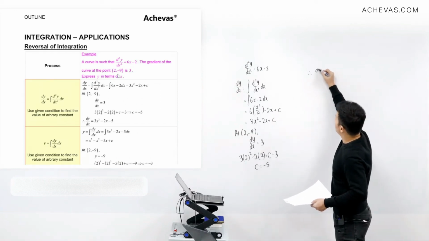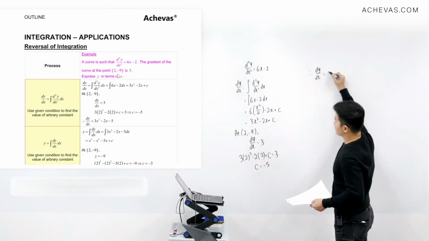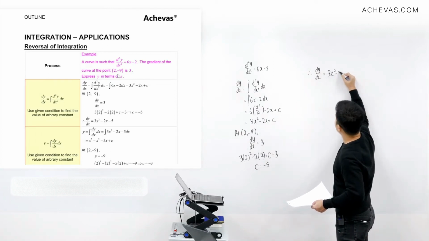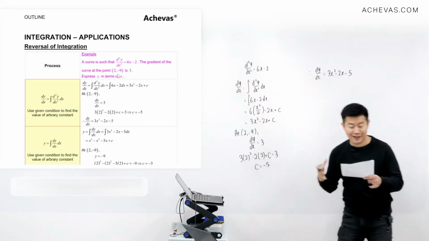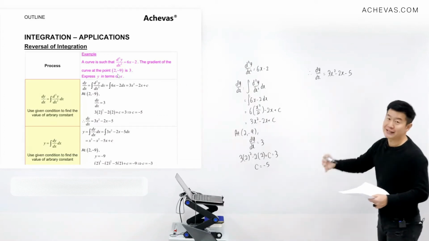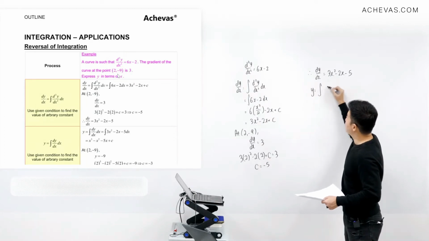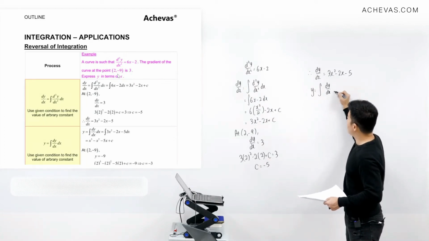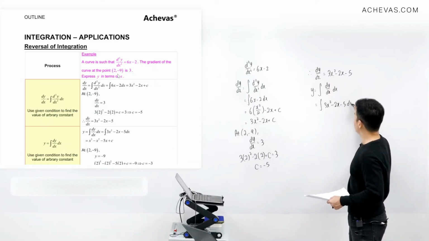So now we know the expression for dy dx. dy dx is equal to 3x squared minus 2x minus 5, and our job is not done because we are supposed to have y in terms of x. So we need to reverse this once more. To get y, we will integrate dy dx, which means that we will be integrating 3x squared minus 2x minus 5.